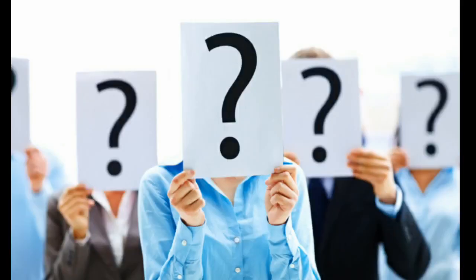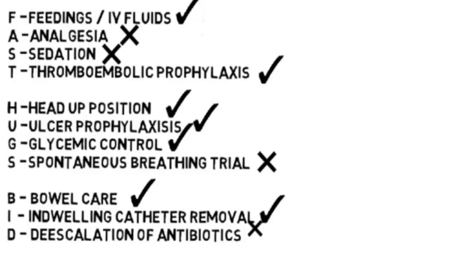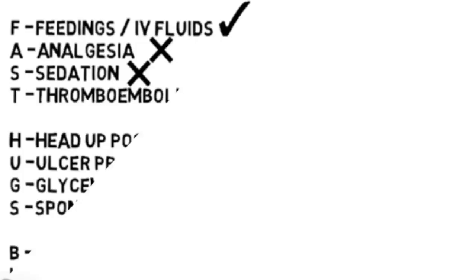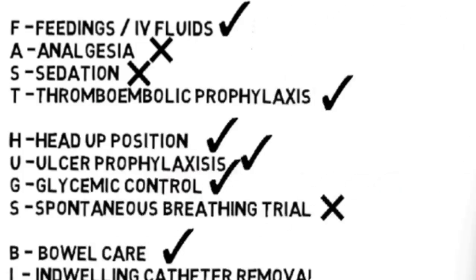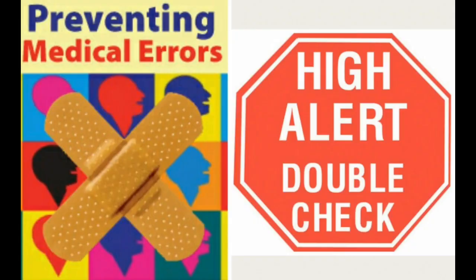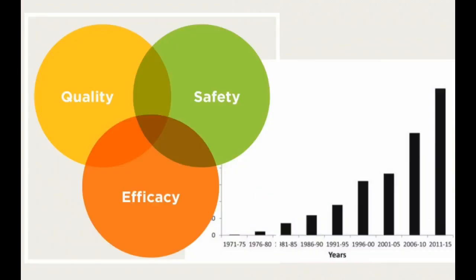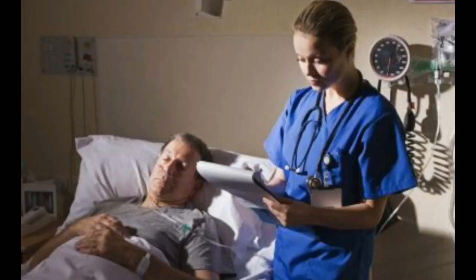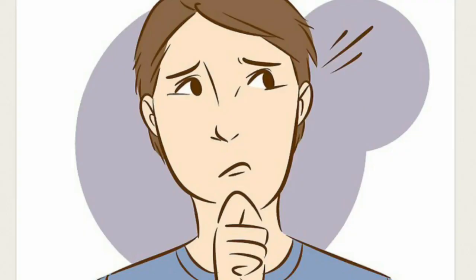You might want to ask me a question. Why should I use such a mnemonic? Well, having checklists like FAST HUGS BID improves quality of care in ICU. It helps avoid medical errors. Safety and efficacy of care increases. Sometimes we overlook and don't even realize that we haven't fed a patient since 2 shifts.